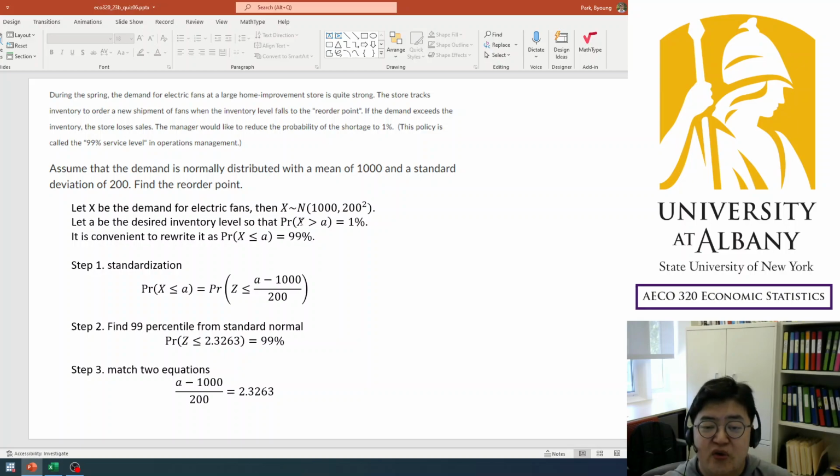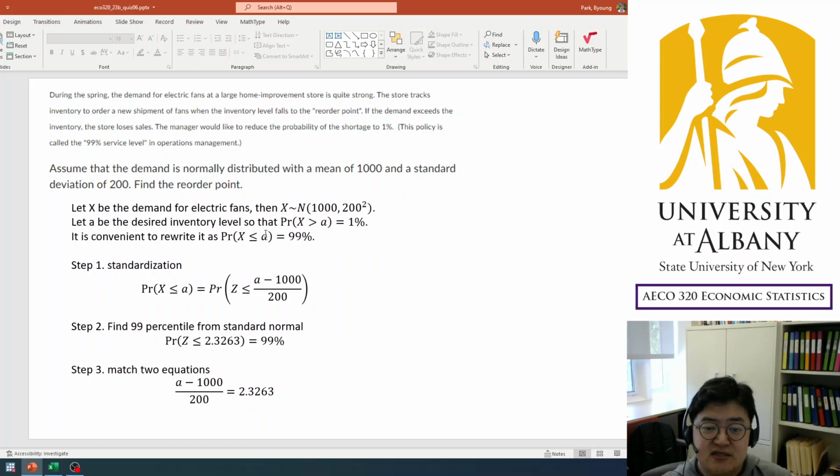So the probability that demand is greater than your inventory is 1% means 99% your inventory is more than enough to fill the demand, right? To meet the demand. So 99% of the time, the demand is less than your inventory, so you'll be fine. That is what we are looking for. A is what we are looking for. So how do we solve this out?